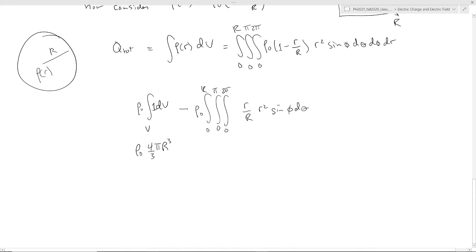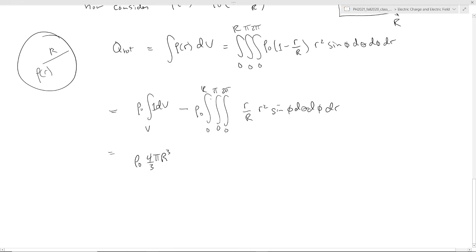So notice the angle pieces, this function does not depend on theta or phi. It's spherically symmetrical.